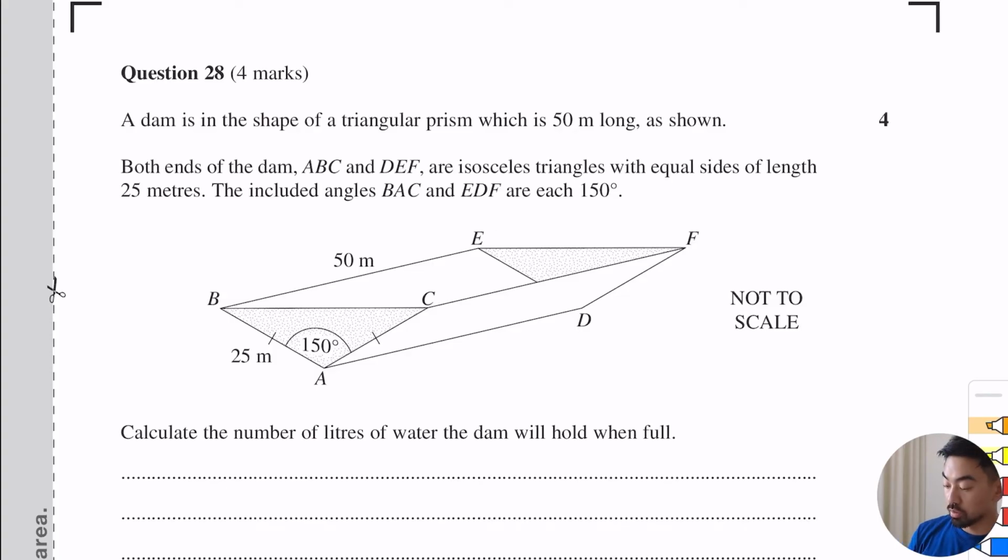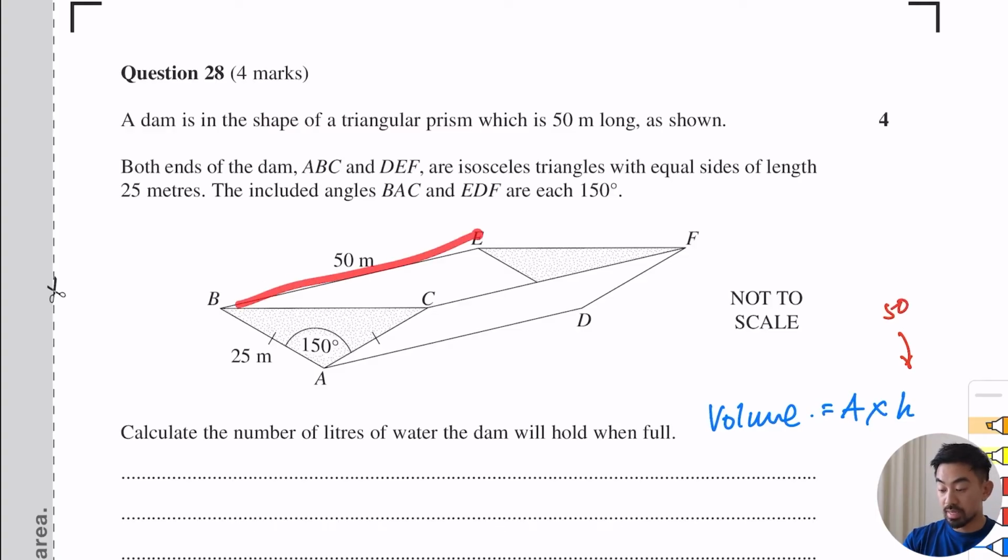Okay, so we're clearly talking about a volume problem here. So volume is always going to be the area of the face times how deep it is. Here I'll just call it height. The height's going to be 50 because you can see that's how far back it's going. And we just need to find the area of this face there.